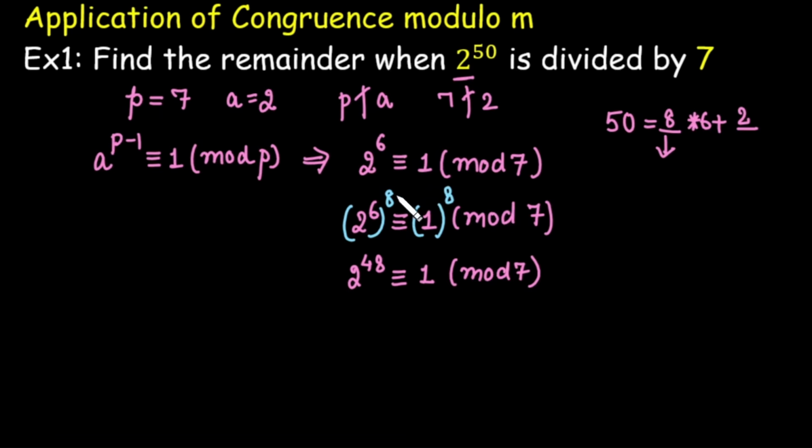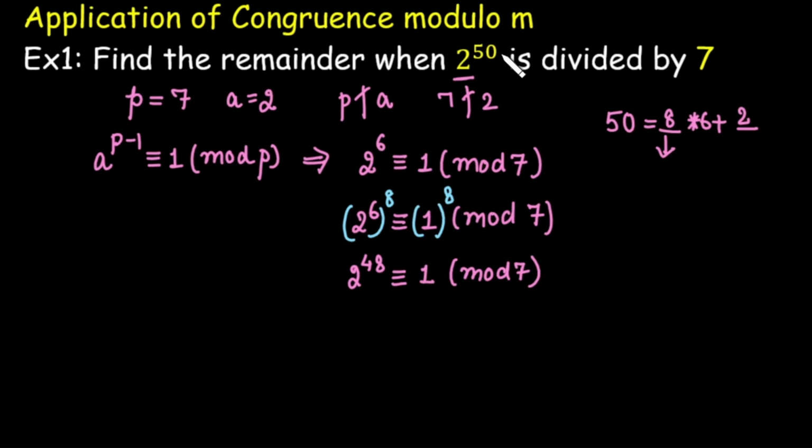So we can find the multiple of 6 near 50, that is 48. So we raise to the power 8 on both sides. On the left side we have 2 raised to the power 48. On the right-hand side it is the same as 1, because 1 raised to a positive power is 1.